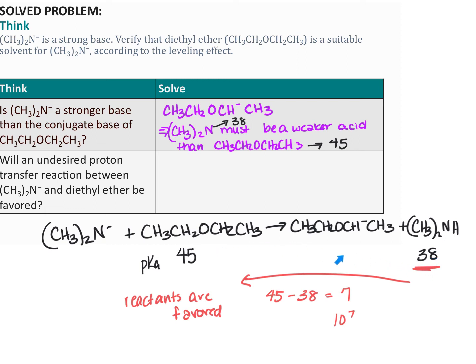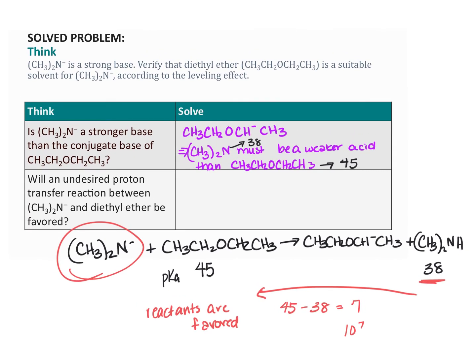It pushes that equilibrium this way. And so these two guys won't react. And that means this guy here is free to react with whatever else you put in the reaction. Okay? And so diethyl ether is a good solvent for this reaction.